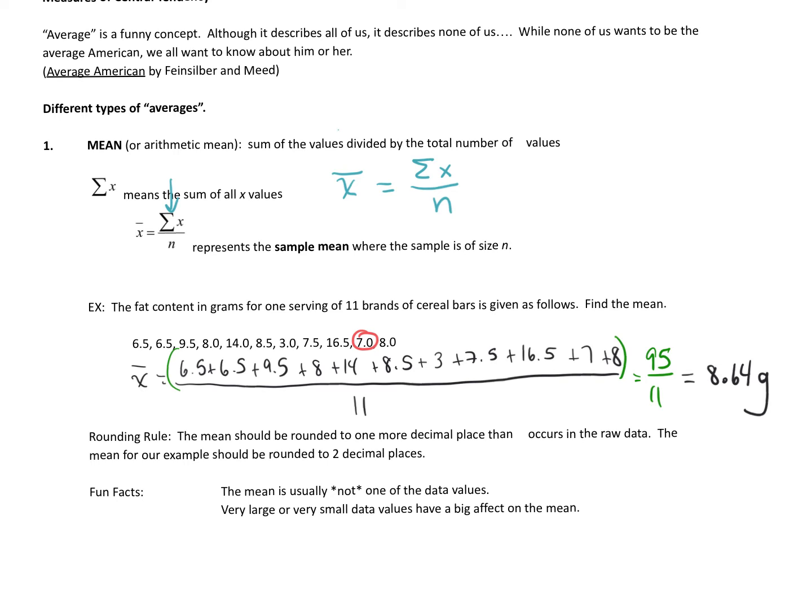My new mean would be 195 over 12, and that would take the mean from 8.64 to like 16.25. You can see how much it would change just by adding one really, really big value. So big or small values will definitely affect the mean, and typically the mean is not one of our values.